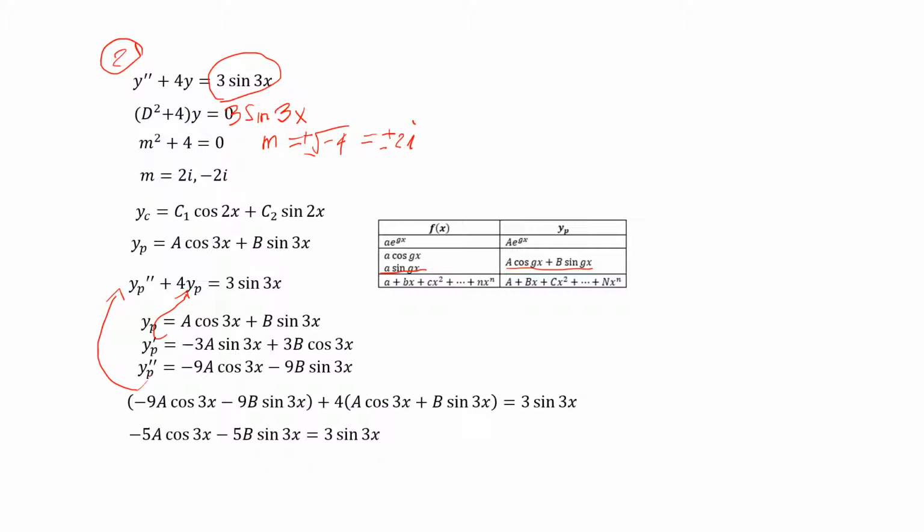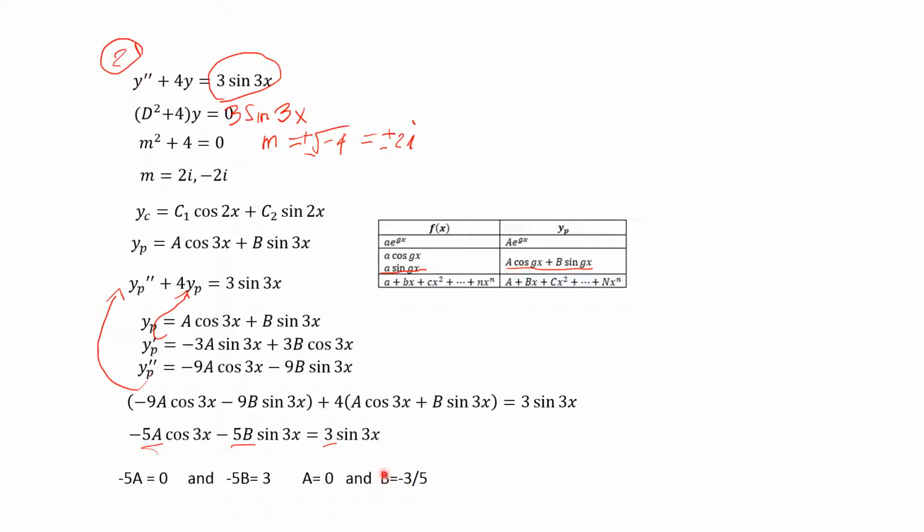Now you have to equate coefficients of like terms. Observe that your negative 5a has no cosine 3x on the right side, and your negative 5b is the same as 3. So your next equations are negative 5a is 0 and negative 5b is 3. Therefore a is 0 and b is negative 3 over 5.